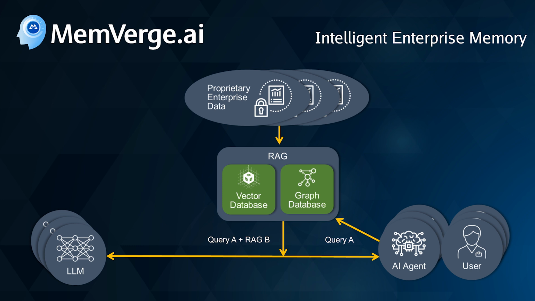And then there is a component that has been gaining popularity over the last year and a half, called RAG, Retrieval Augmented Generation. This is a way enterprises organize their proprietary data into vector databases, and later graph databases, so they can be easily queried.